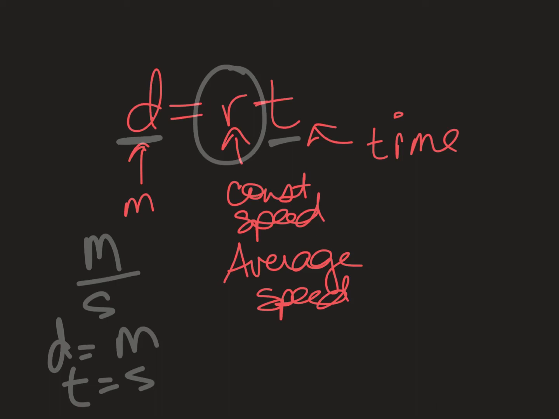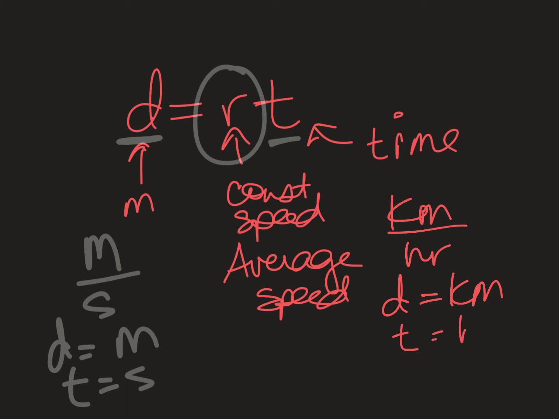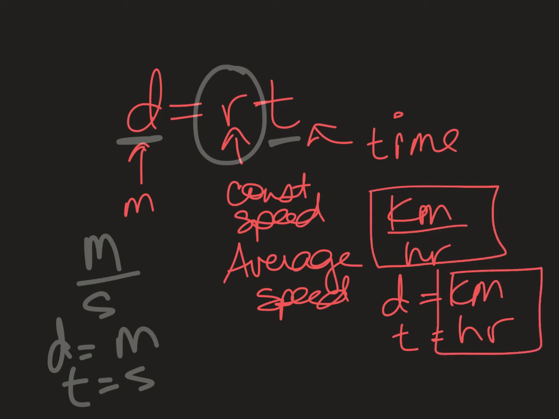If our rate is in kilometers per hour, which it could be, then our distance needs to be in kilometers and our time needs to be in hours. So you just need to make the conversions, and it doesn't matter which one you convert, but you need to make the conversions so that your velocity unit matches your distance and time units.